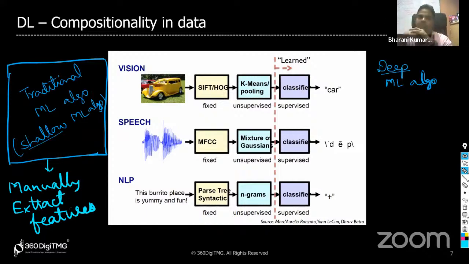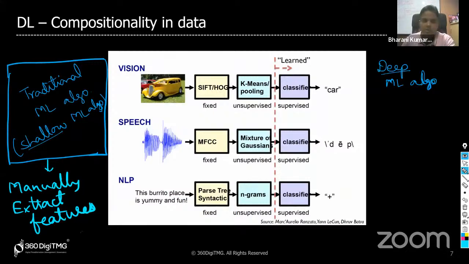For example, if you have an image, you manually try to extract the pixel intensity values. When you do that, it will be time consuming. That's the flip side.